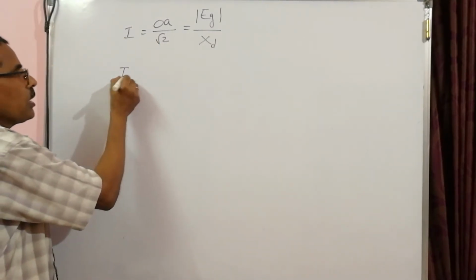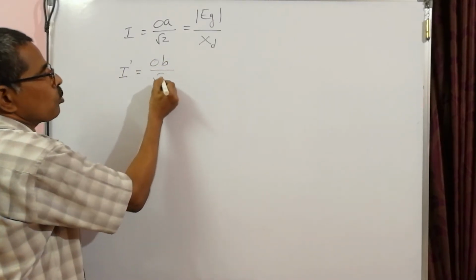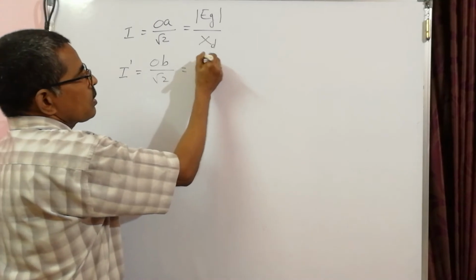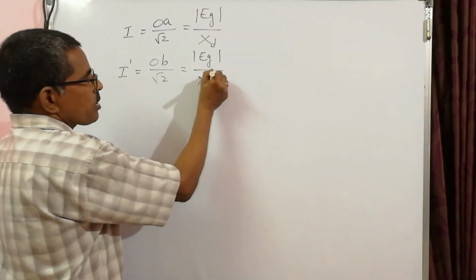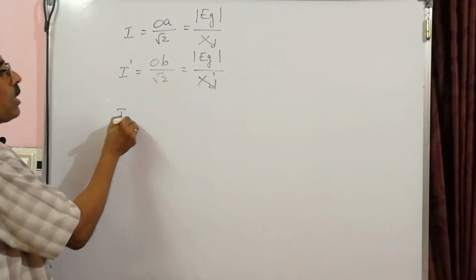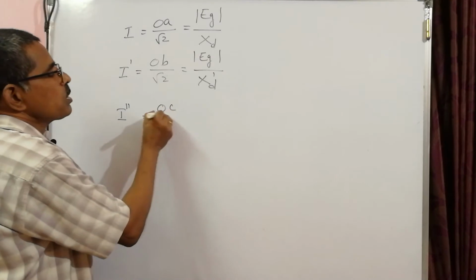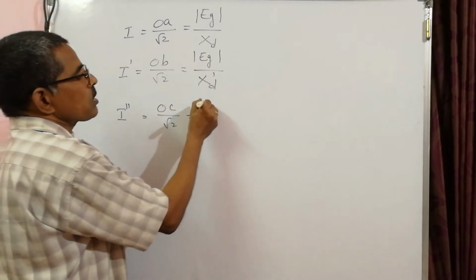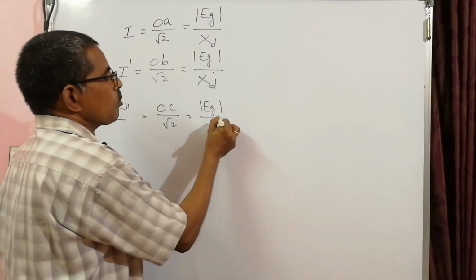Then the second one, I dash, is OB by root 2, this is EZ by XD dash. Similarly, the third current, I double dash, is OC by root 2, this is EZ by XD double dash.